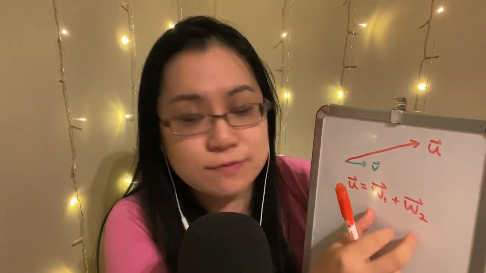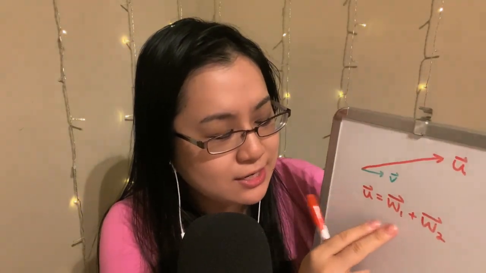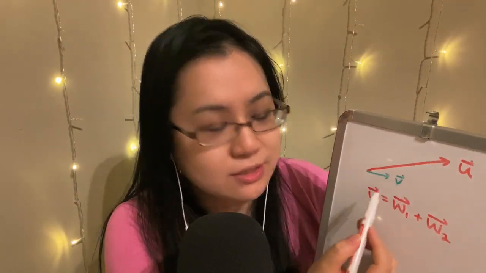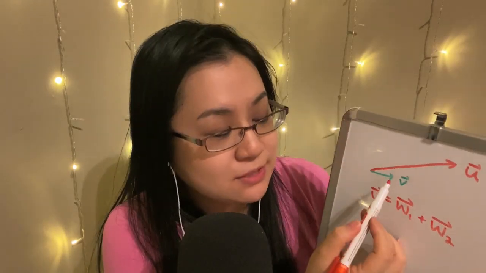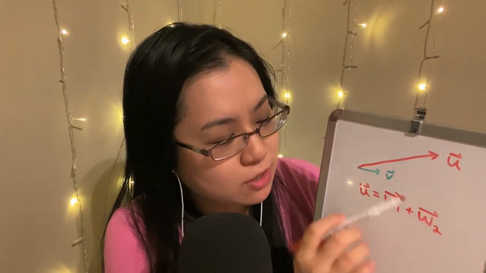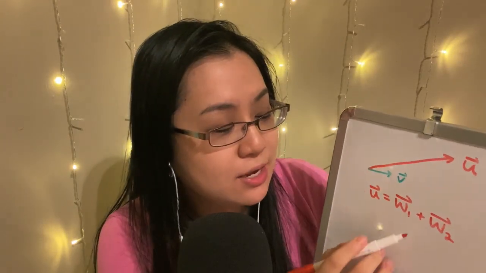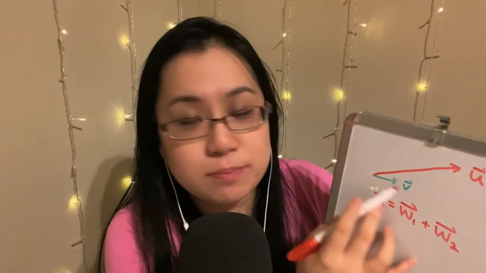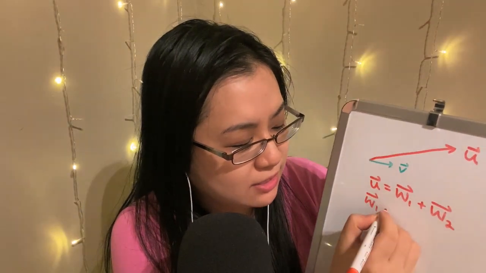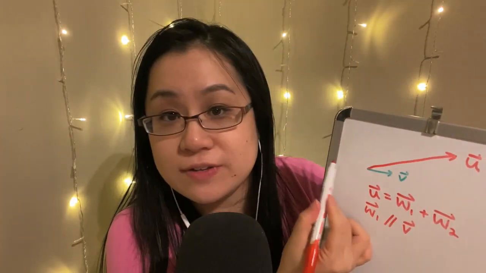So we are looking for these two components. Now, W1 is going to be the component that is specifically parallel to V. So this is what it means to project U onto V. It's not just any two random components. One of them is going to be parallel to V. So it's W1 that is parallel to V, meaning somewhere in this direction or even this direction.